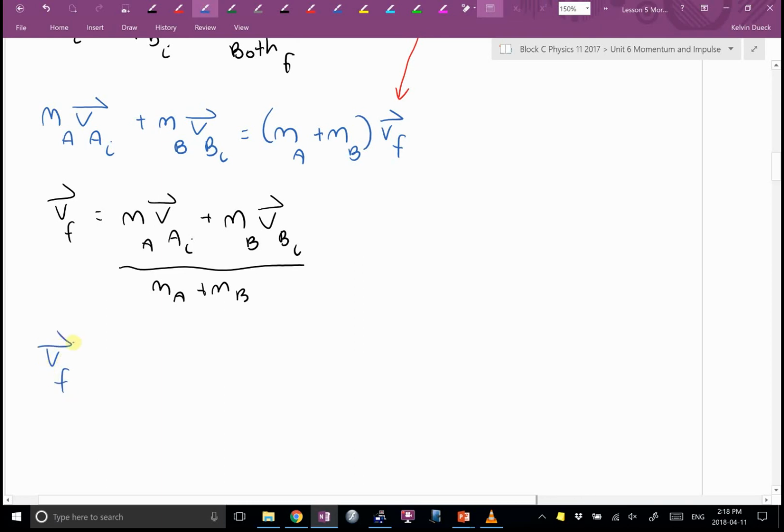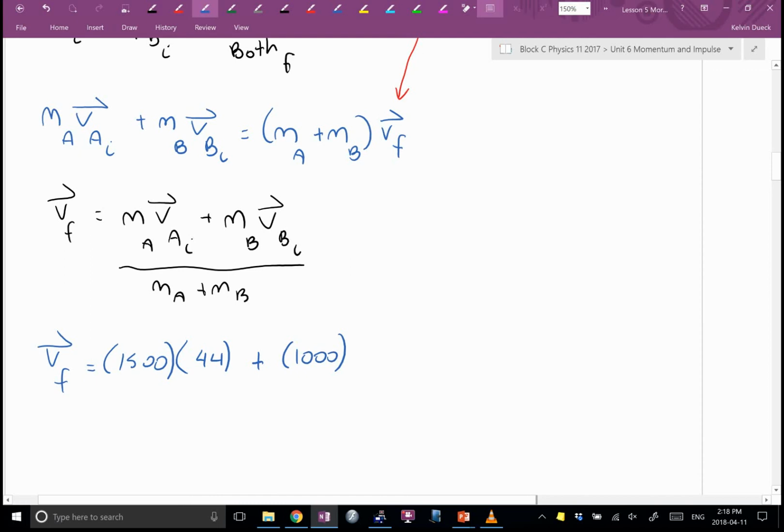Let's crunch the numbers. Mateo, what's the mass of car A? I've scrolled down. 1.5. I think that's 1,500, which is less writing, or you can write 1.5 times 10 to the 3. What's the velocity of car A? 44 meters per second, plus. What's the mass of car B? 1,000?